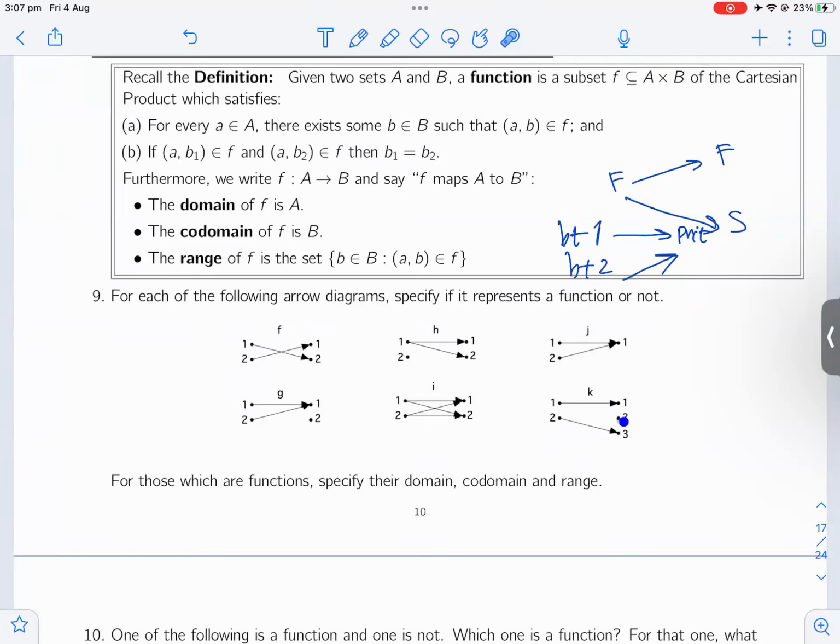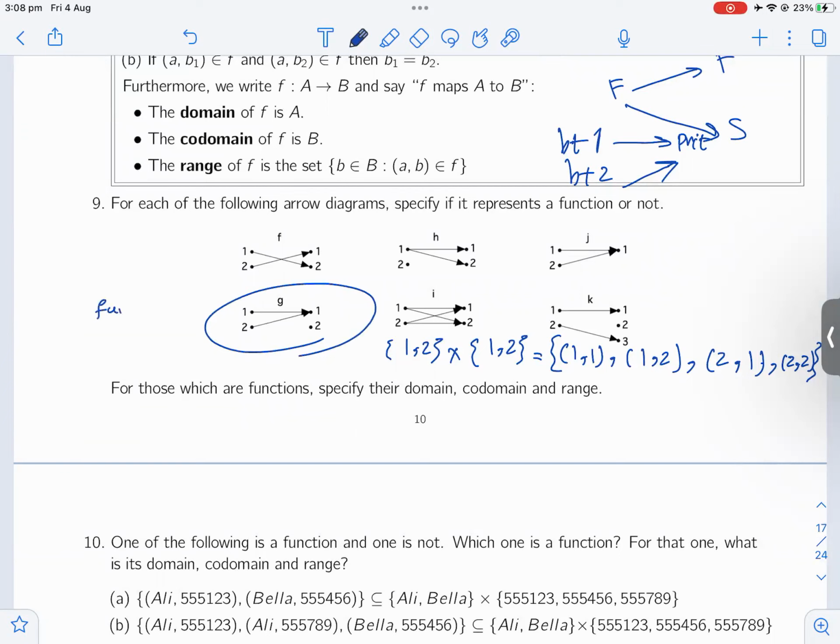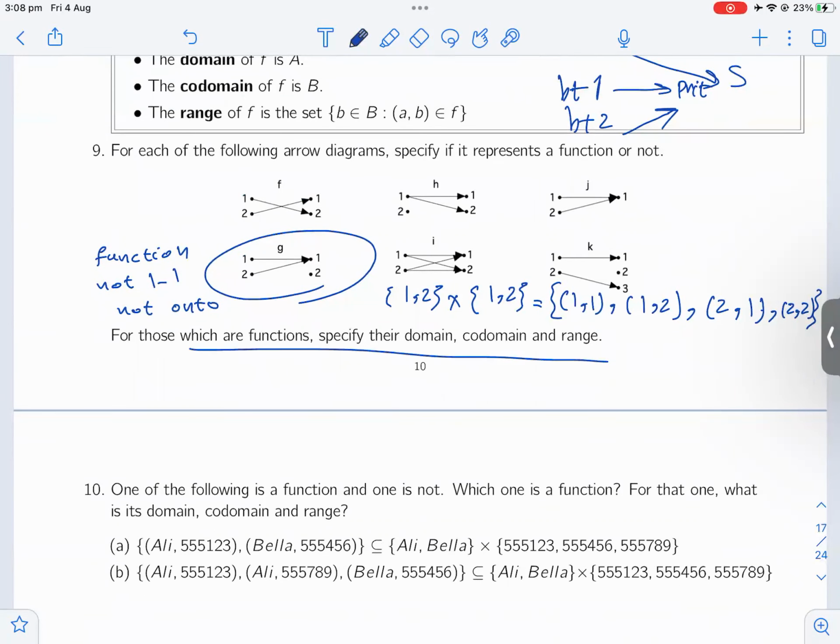So G is a function, not one-to-one, not onto or surjective. And you can do this one as well, although I told you without writing.